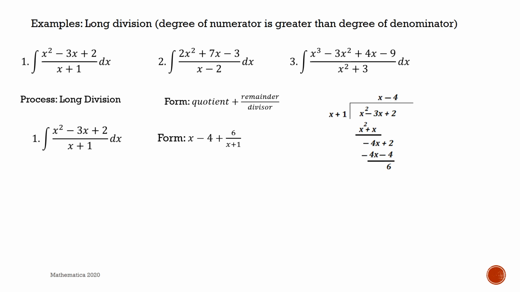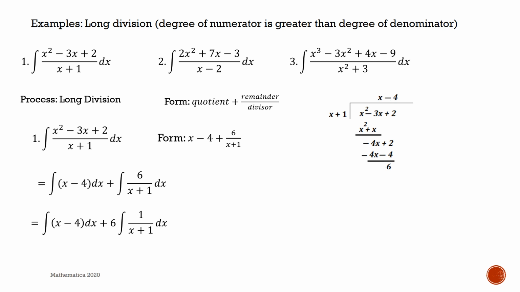Once I'm able to write in this form, all I need to do is simply integrate the two parts. So I take the integral of the quotient plus the integral of the remainder over the divisor. Once again, the 6 is a constant. I can pull it out. And now I have the integral of x minus 4 dx plus 6 times the integral of 1 over x plus 1.